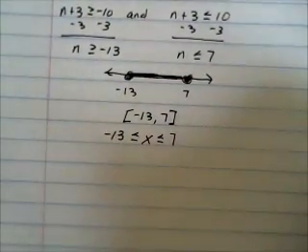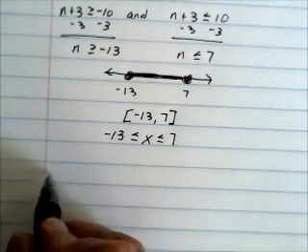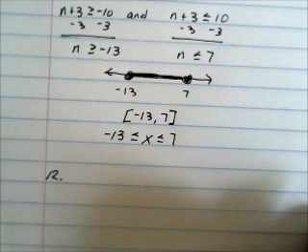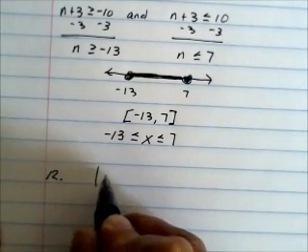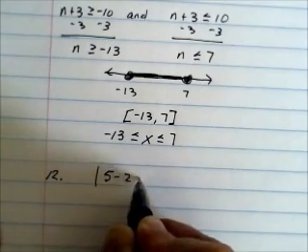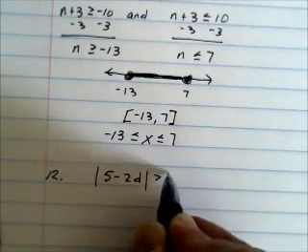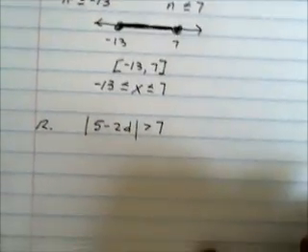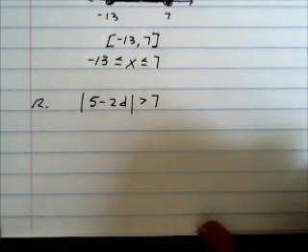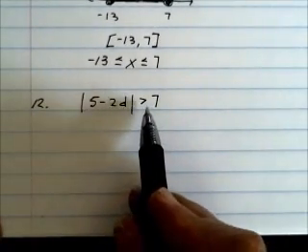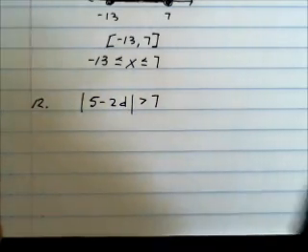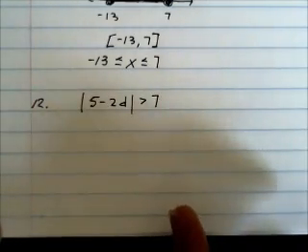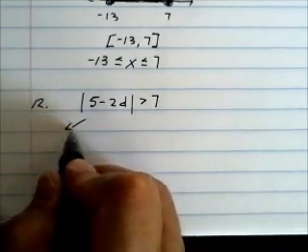Next problem is numbered 12, and this is another inequality. The absolute value of 5 minus 2d is greater than 7. It's greater than, so remember that it's an "or", so our shading is going to be in opposite directions, to the outside of the numbers.